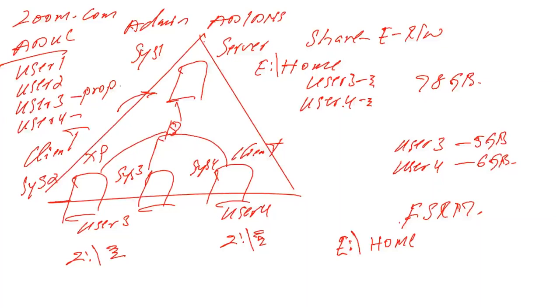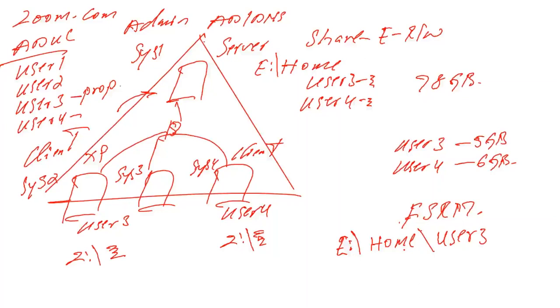So what can we do? After E:/home, we can type a slash and that particular username, maybe user 3, user 4 or user 5. For example, user 3: if I give it like this, this template will apply only to user 3. In an interview they will ask: I created one template in the FSRM service and I want it applied only to user 3 or a specific user, then what do we have to do?